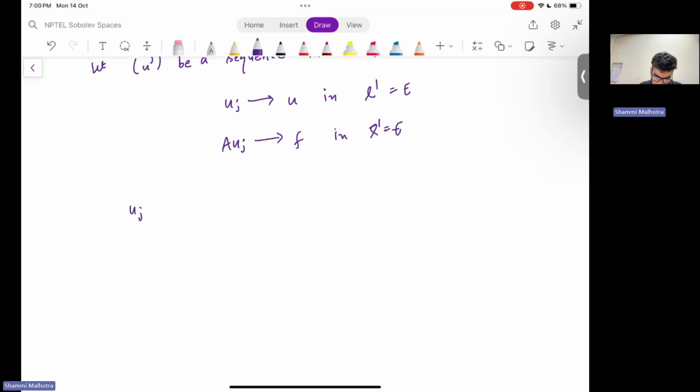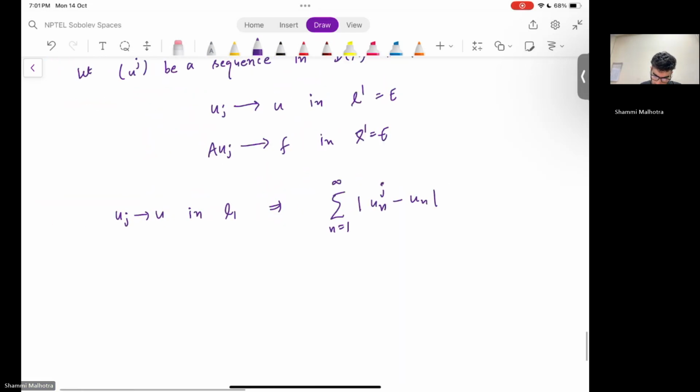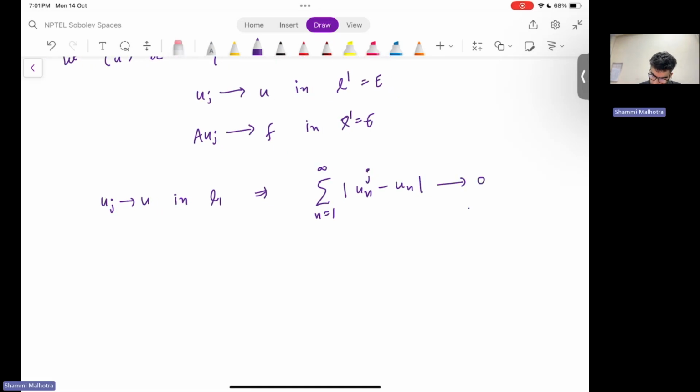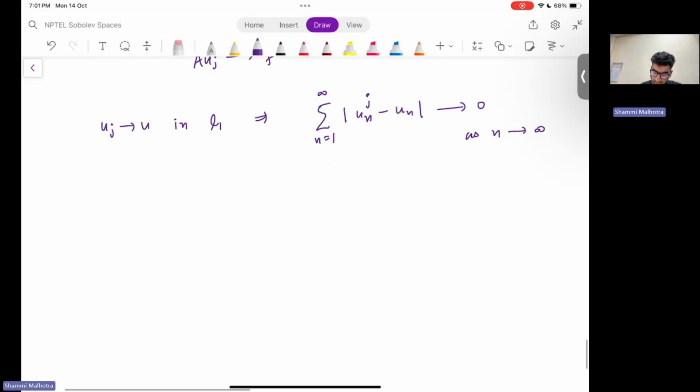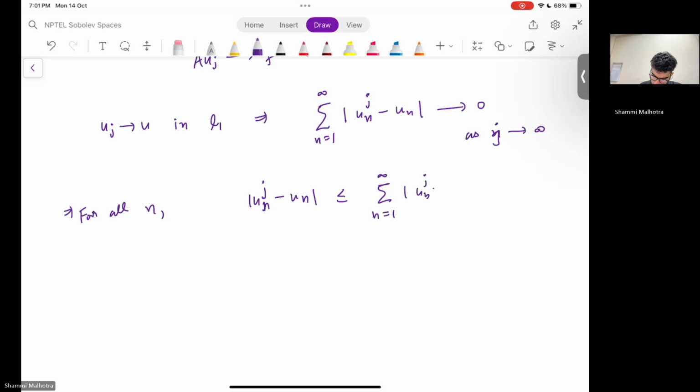So what this basically implies, since u_j converges to u in L1, is that the summation n from 1 to infinity of |u_n^j minus u_n| goes to 0 as j tends to infinity.